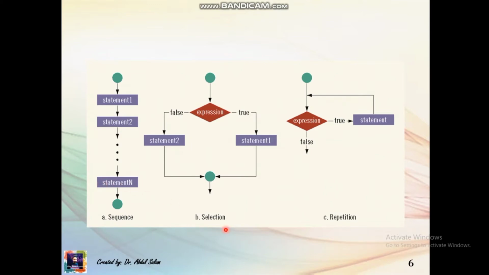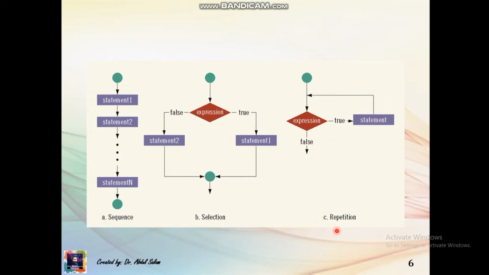The second one is the selection statement. This is a flowchart in which an expression is written for decision making. If the expression is false, then it will execute statement 2. It is a selection, so it selects which statement has to be executed, and if the expression becomes true, then statement 1 will be executed.